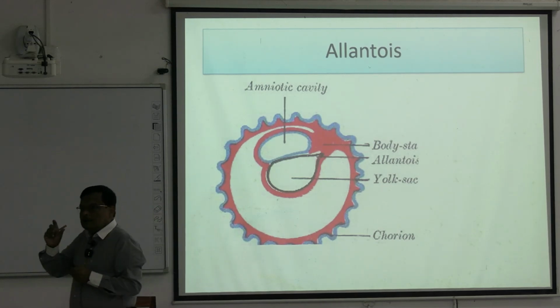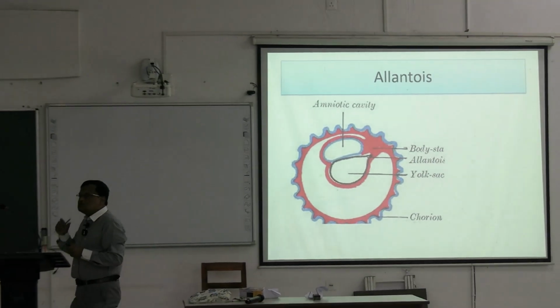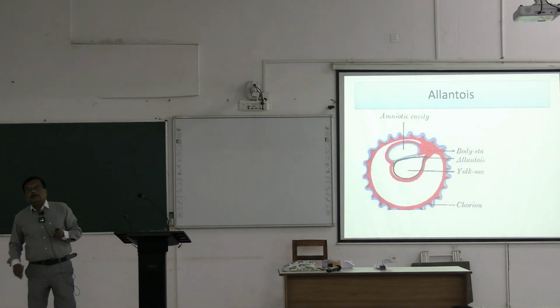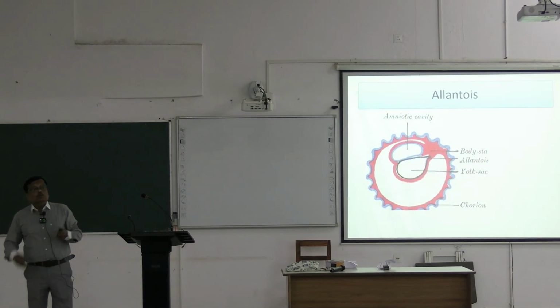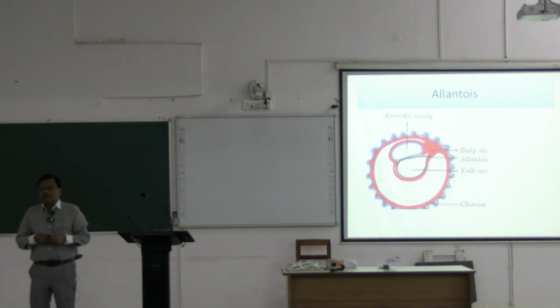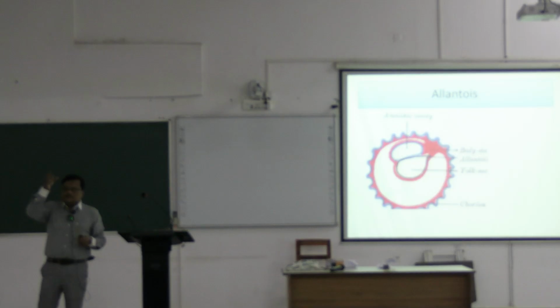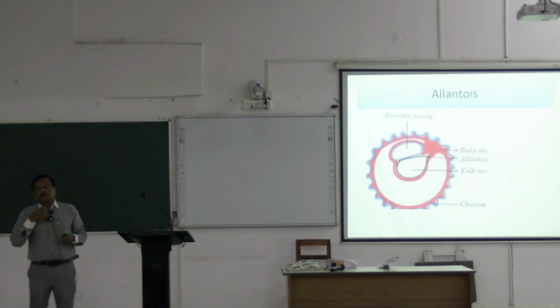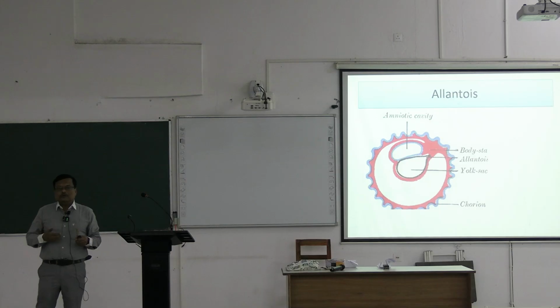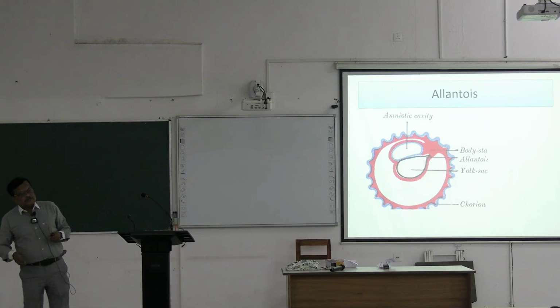And this yolk sac also forms the epithelial lining of our gastrointestinal system. We loosely say it forms the gut. Actually, the GI system, starting from the mouth, stomach, esophagus, small intestine, large intestine, etc.